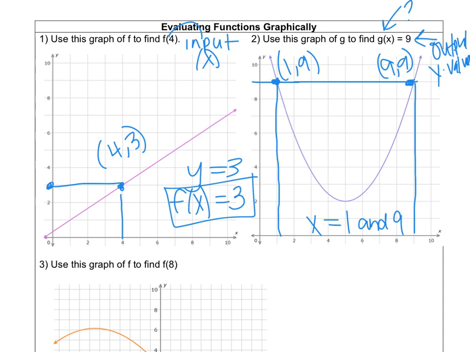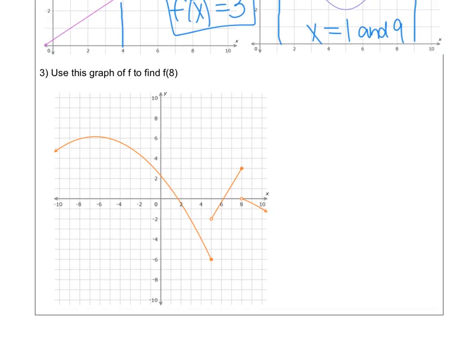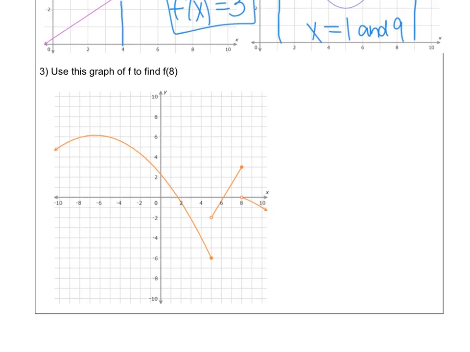Okay, last one. Use this graph of f to find f of 8. So we know that 8 is the input, or the x. So let's look at the graph whenever x equals 8. So what's going on here?